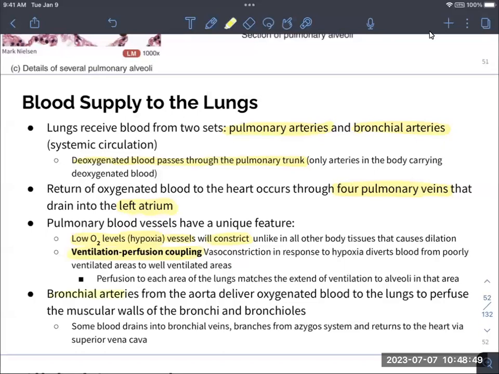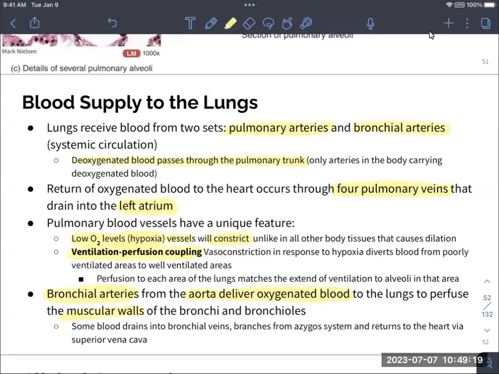These bronchial arteries that go from the aorta deliver oxygenated blood to the tissues of the lungs. So that smooth muscle of the bronchi and bronchioles, they need blood. So bronchial arteries, just like the heart has coronary arteries that feed the tissues of the walls, the lungs need the same thing.